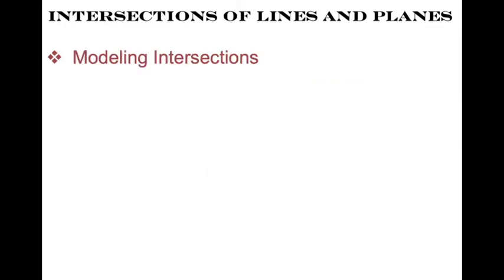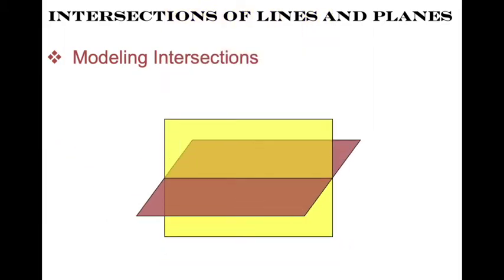So there are various ways this can be modeled. One of the ways is to look at lines intersecting and planes intersecting in a sort of 3D visualization. So you have two planes here, G and H, intersecting along this line here.